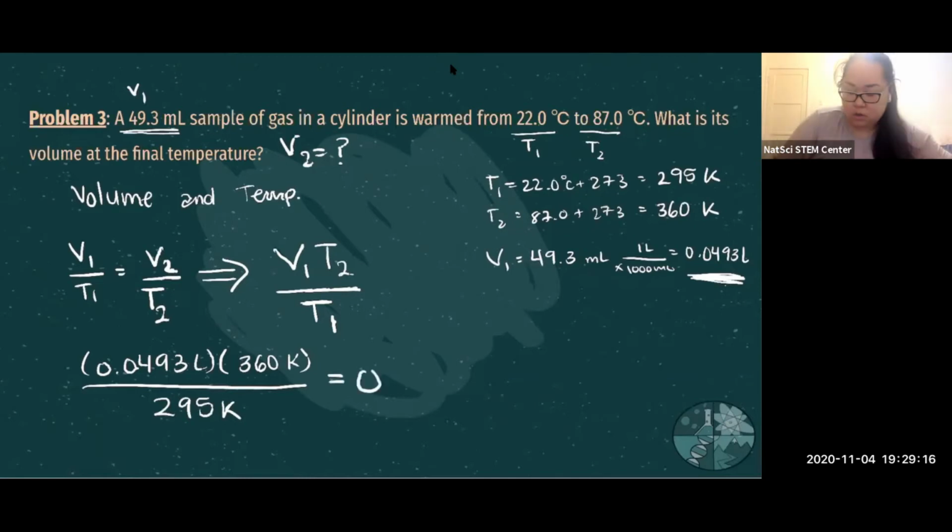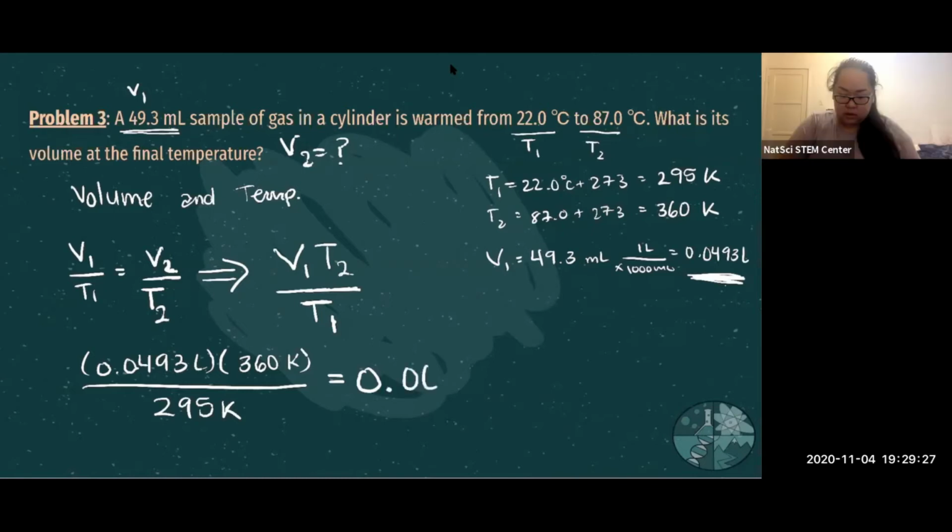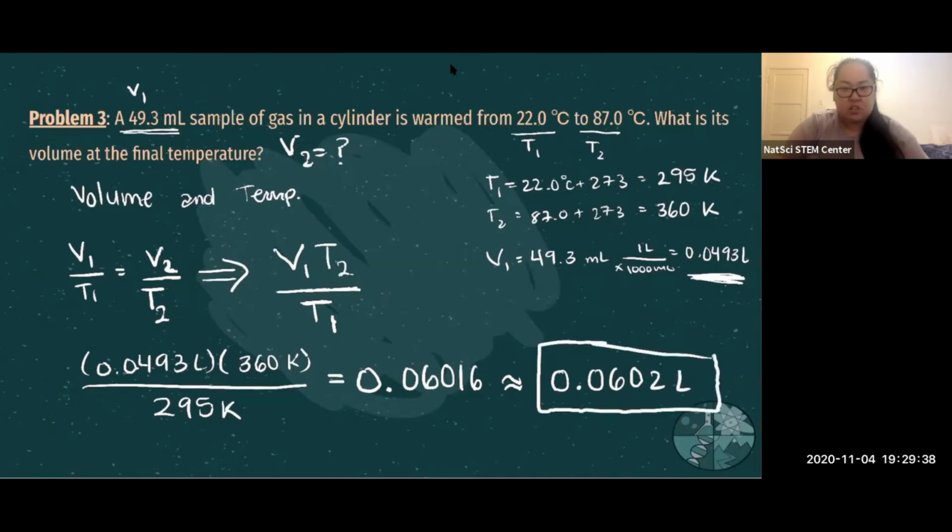And you should get 0.0493 times 360 divided by 295. And you get 0.06016, which goes to 0.0602 liters for your volume, which for the most part you guys got.